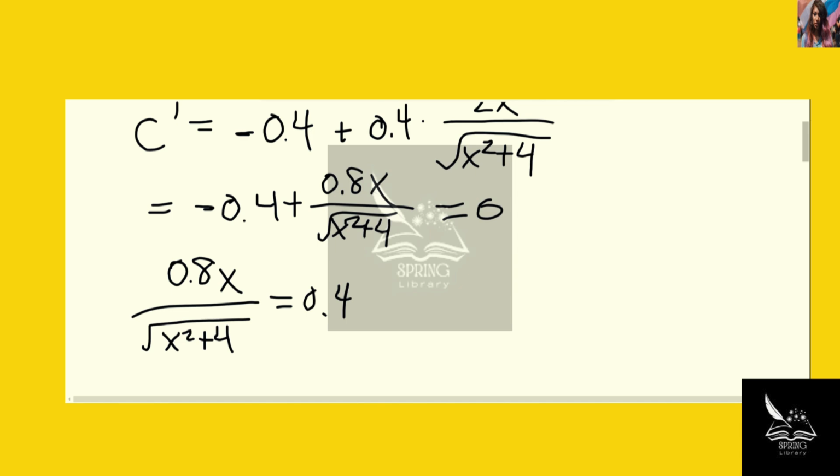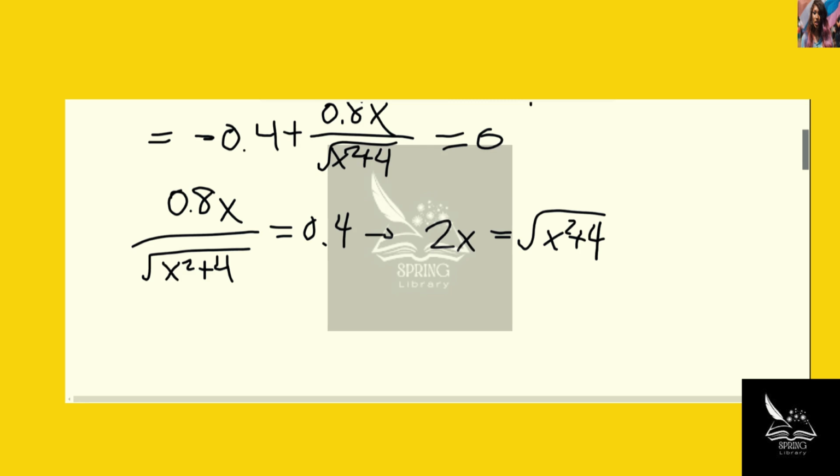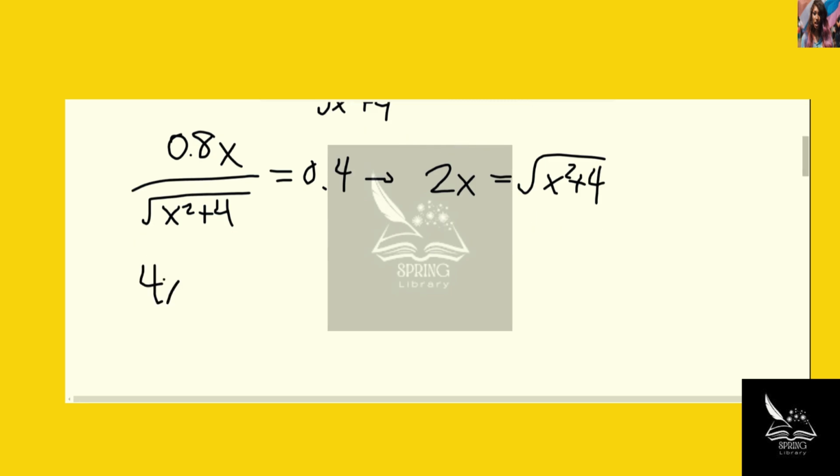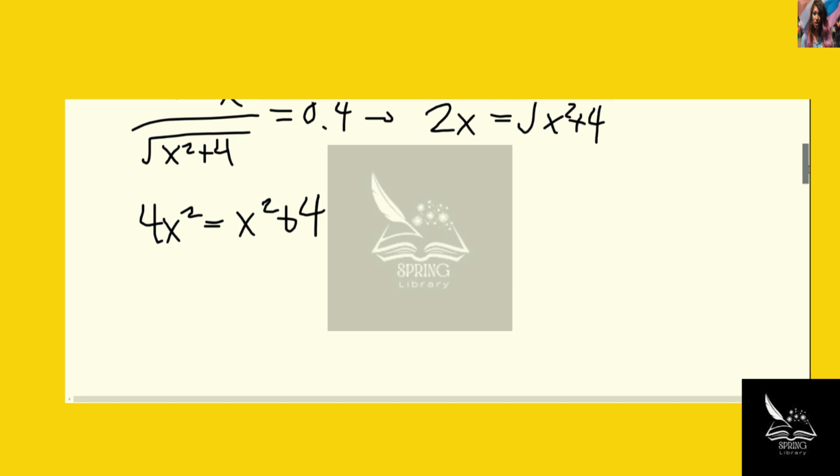So we have that 2x is equal to the square root of x squared plus 4. To solve this radical equation, we'll square both sides. So we get 4x squared equals x squared plus 4. At this point, we need to be careful to check for extraneous solutions at the end.